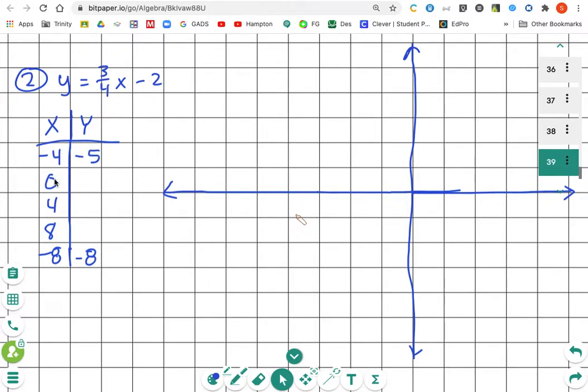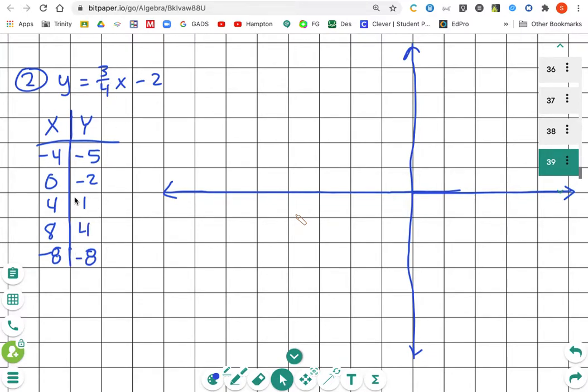And 3/4 times 0 would give you 0, minus 2 is going to give you -2. 3/4 times 4 is going to give you 3, minus 2, which is going to give you 1.